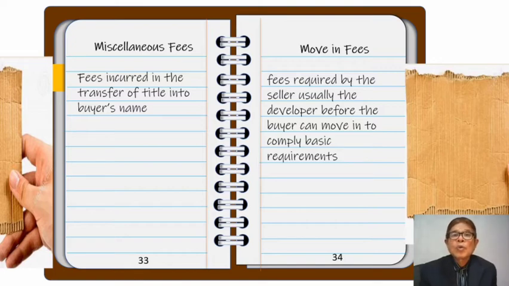Sometimes it includes one-time homeowners association membership. Now, it's best to mention this to your buyer even at the start of the transaction, such as during the reservation agreement, because many buyers would think that these are hidden fees if you delay informing them, and it may come as a surprise.